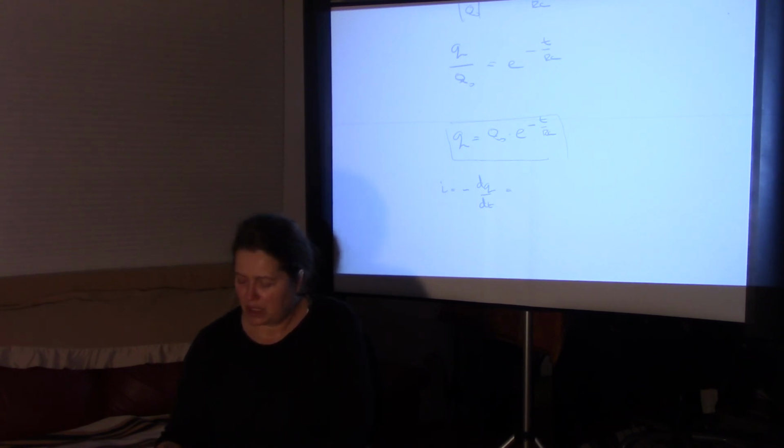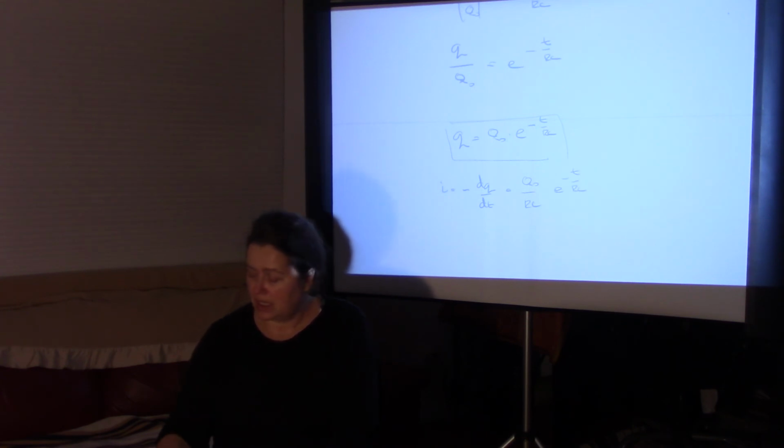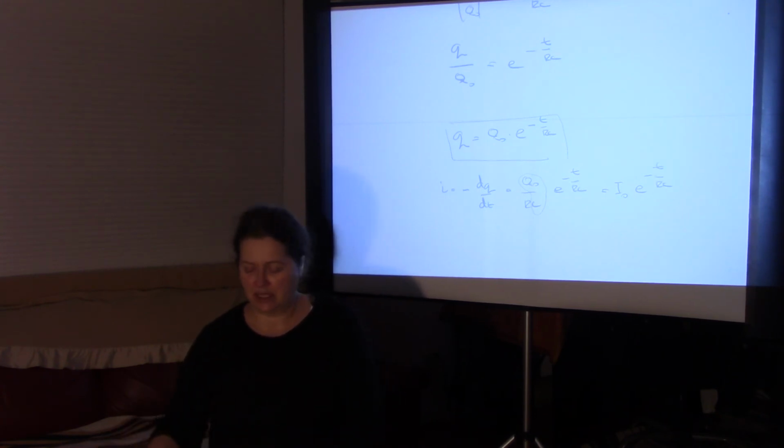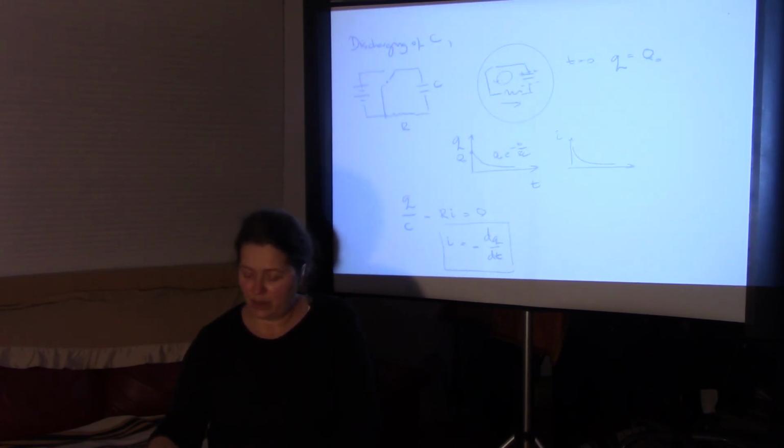If we derive here, we have q initial over RC, negative and negative gives us a positive, e to negative t over RC, and q initial over C is a voltage, and voltage over resistance is current, so this is the initial current, e to negative t over RC. And again, the current also has an exponential decay. We have an initial current, I initial, and I initial e to negative t over RC would be the expression for the current.